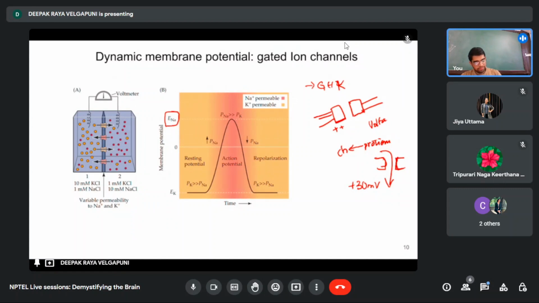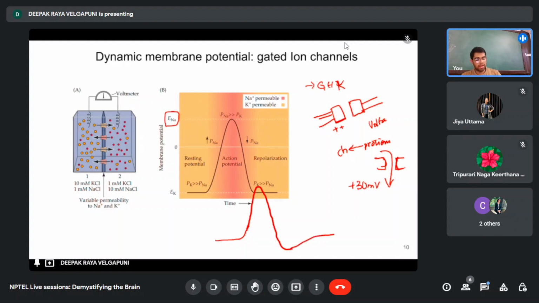So we have the resting state, then it reaches a threshold. Once it reaches the threshold, Na plus channels open, and it reaches a peak, and then K plus channels open, and it goes a little down and then goes back.